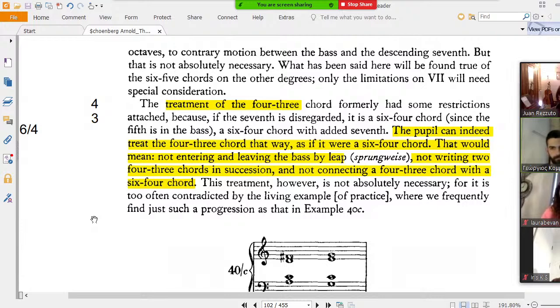Now in this case we're going to use inversions, but the chord itself is the same, it carries on with the same function of neighboring or passing. So the function is the same.